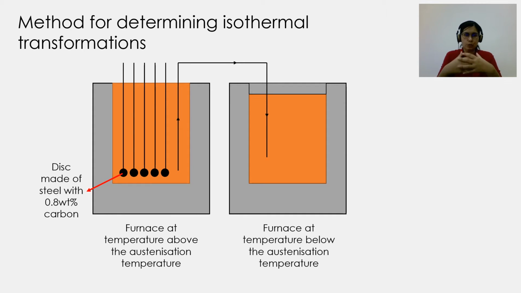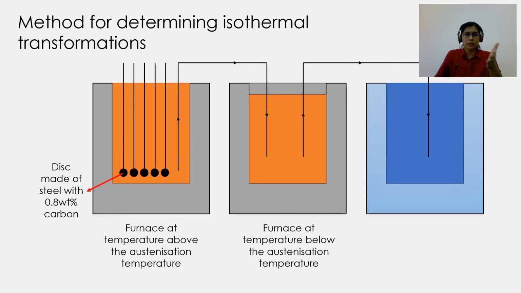To do this, for different discs, they will need to quench it to room temperature straight away after a period of time to see what's happening with the microstructure. They want to see what the microstructure is after 6 seconds.